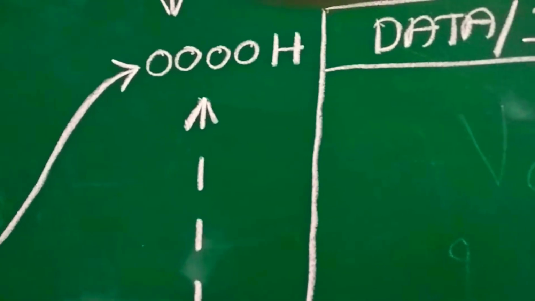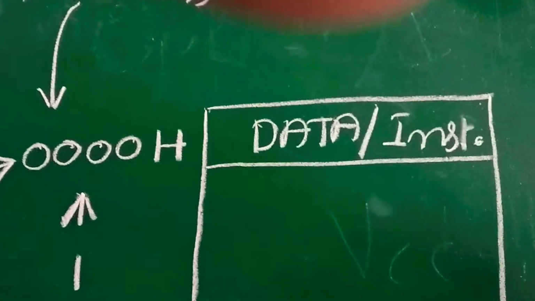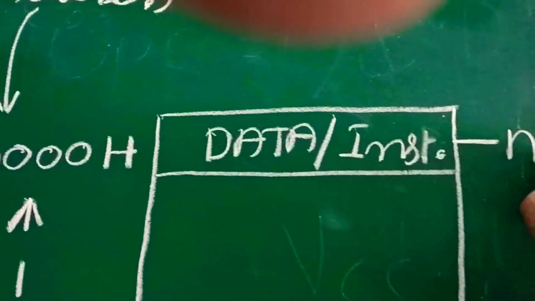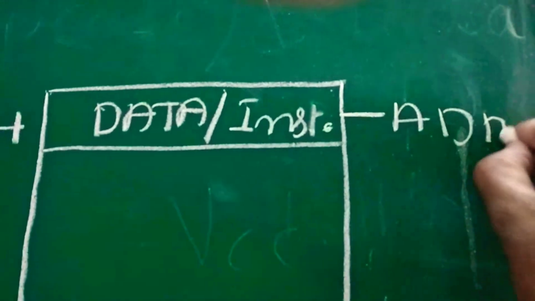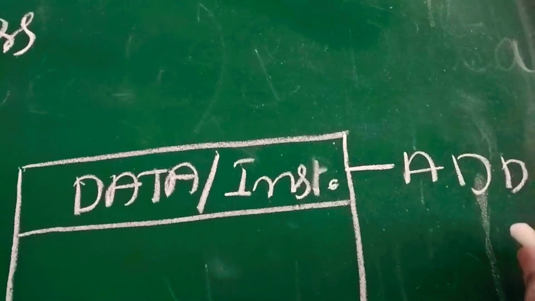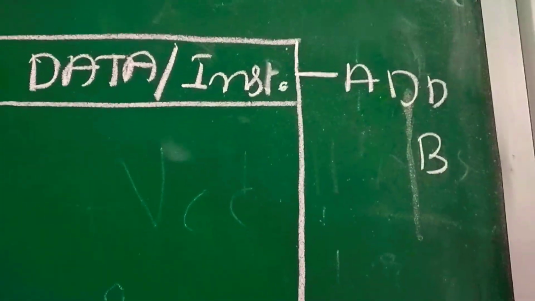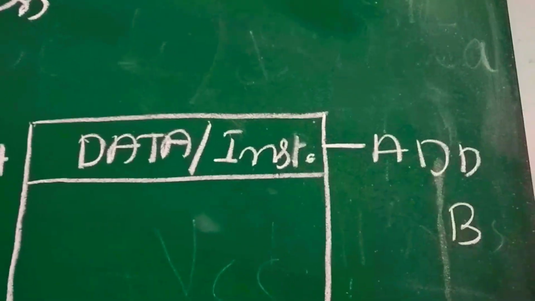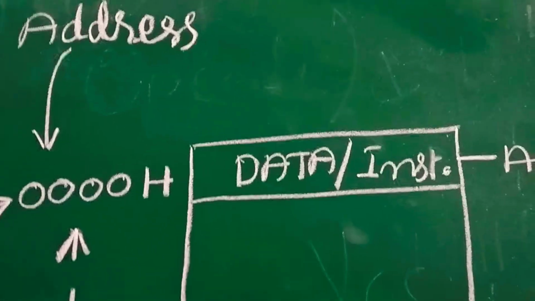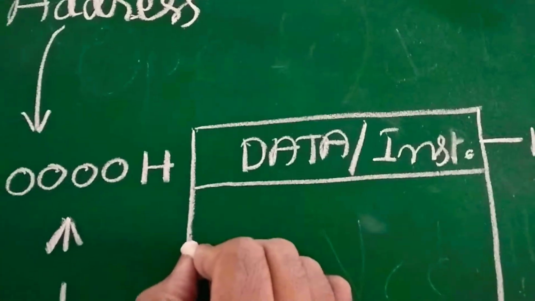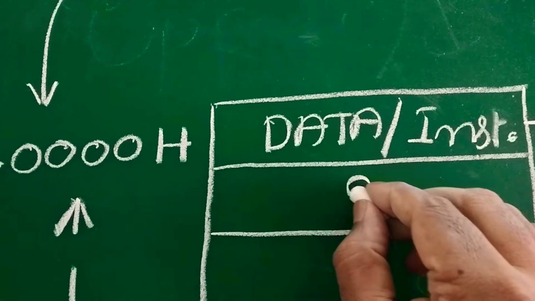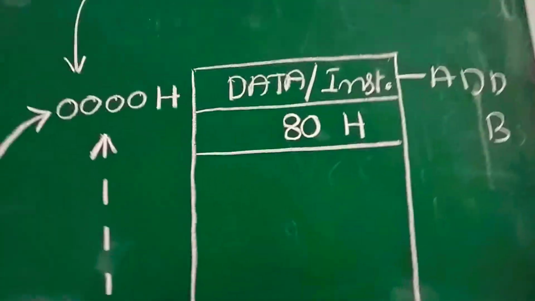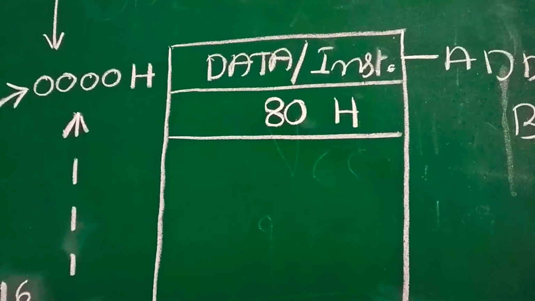Suppose, as we have explained, we write here some program for addition of B. When we write the instruction ADD B, in memory this instruction is written as some operation code, because as we have already explained, the microprocessor cannot understand whatever we speak.